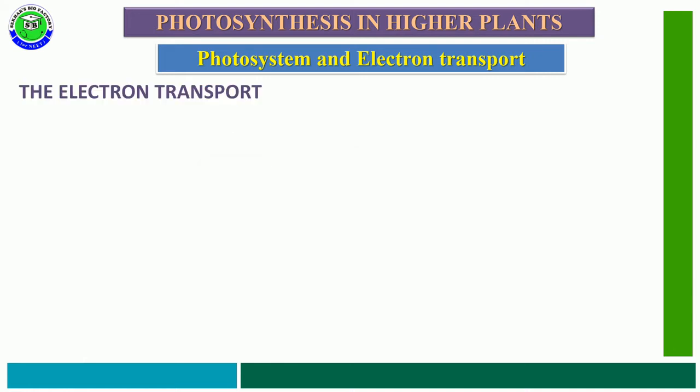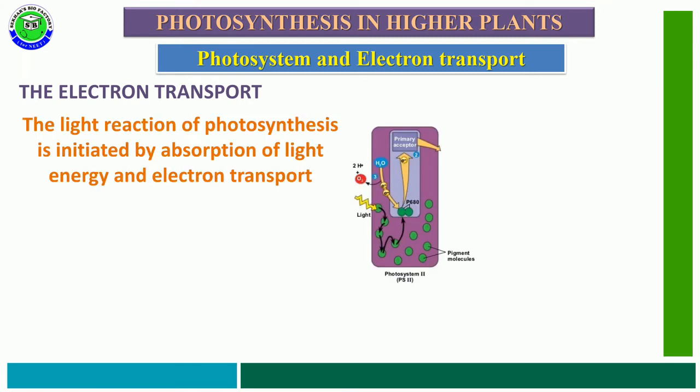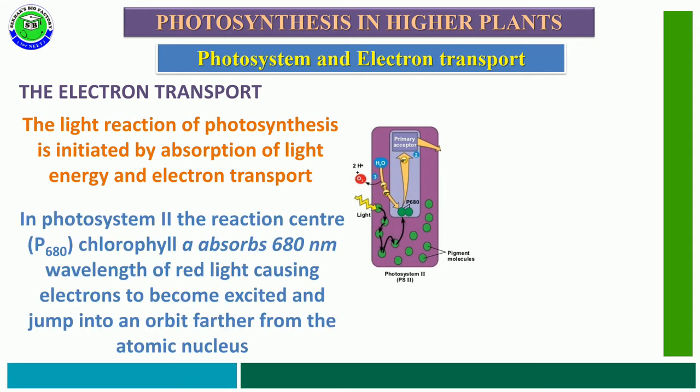With the help of these photosystems, the electron transport mechanism takes place. The light reaction of photosynthesis is initiated by absorbing light energy and electron transport, so electron transport is considered the first step in light reaction.